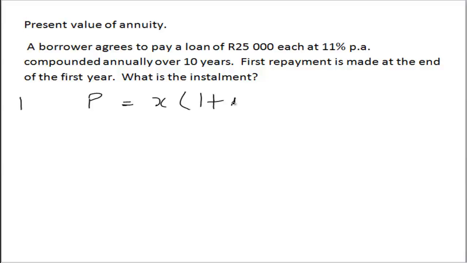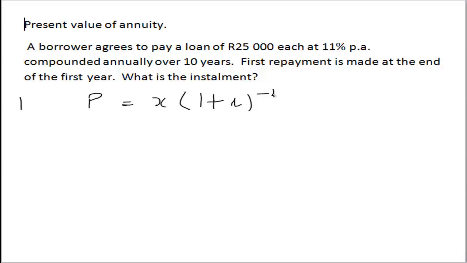And then what would happen is, obviously, whatever you borrow will be multiplied by 1 plus i to the 1. So if I take the 1 plus i to the 1 across, it will be 1 plus i to the minus 1. And if you want to experiment with this, it's fine. Let's assume I want to pay 1,000 rand at the end of the year, and I want to find out what I can borrow now.